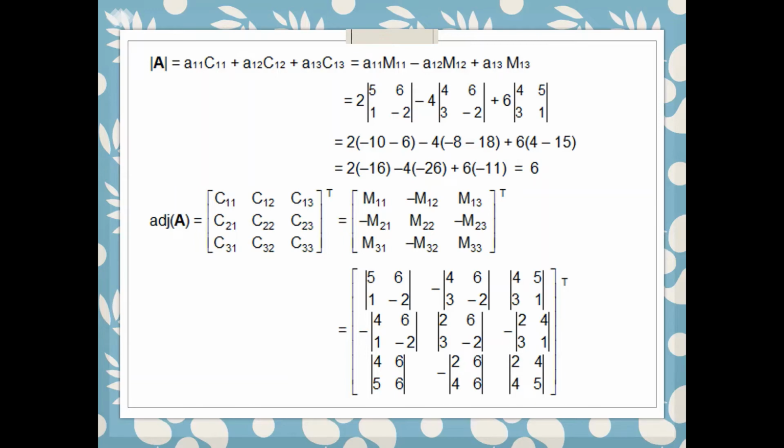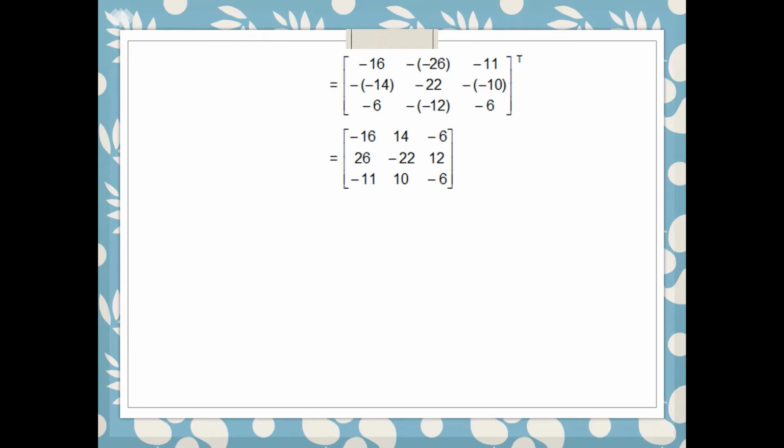By deleting the corresponding rows and columns, you will obtain the following minors. By cross-multiplying the elements in each minor and subtracting, you will get negative 16, 26, negative 11, 14, negative 22, 10, negative 6, 12, and negative 6. Transpose this matrix, and you will get the answer for the adjoint A, which is negative 16, 14, negative 6, 26, negative 22, 12, negative 11, 10, and negative 6.